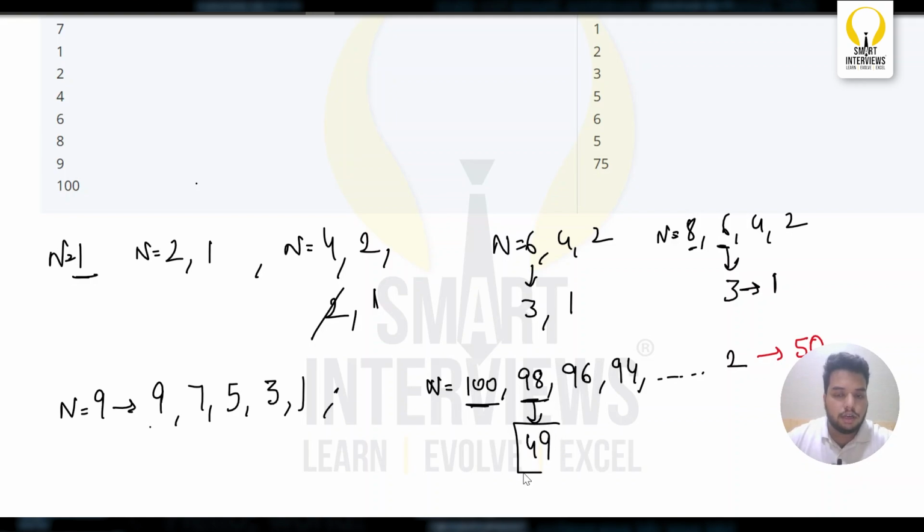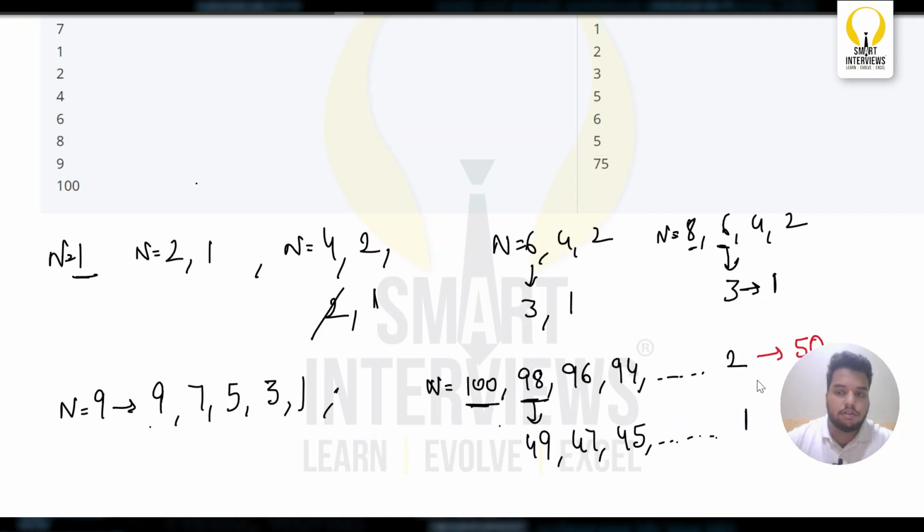So if 49 is possible, can I say odd numbers less than 49 are also possible? 47, 45 and till 1. These are again by doing the first operation. And can I say this is the highest odd number possible from 100 that I can get by doing any operation?